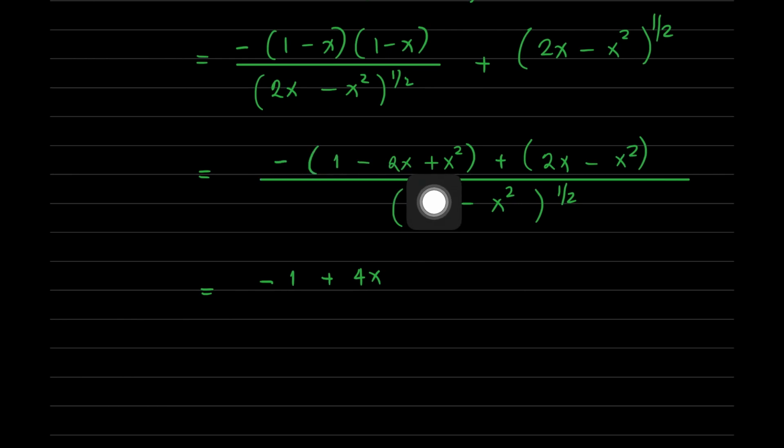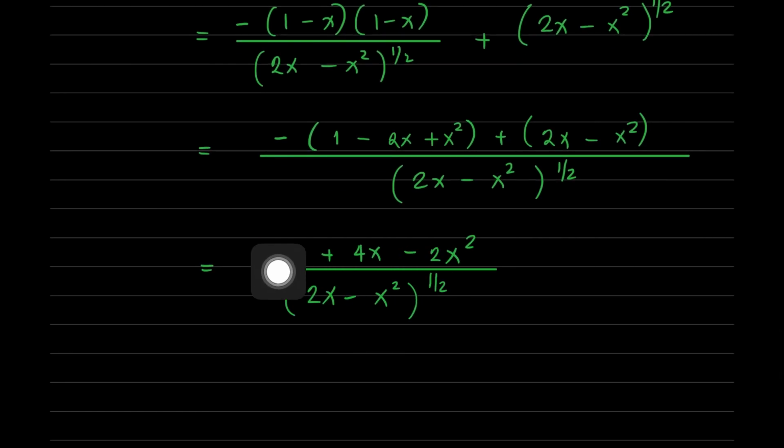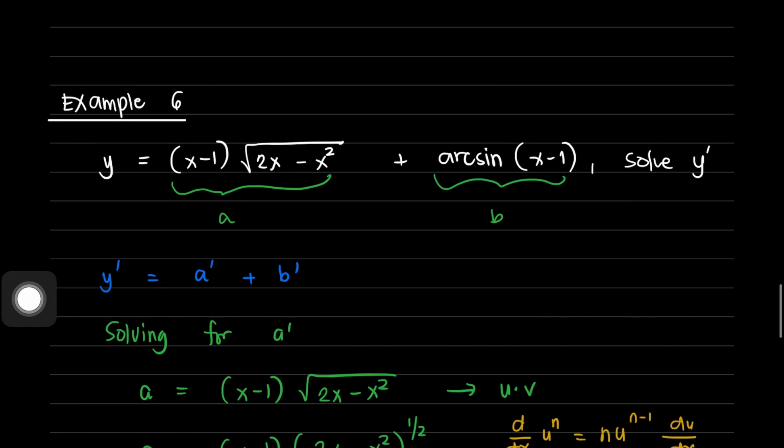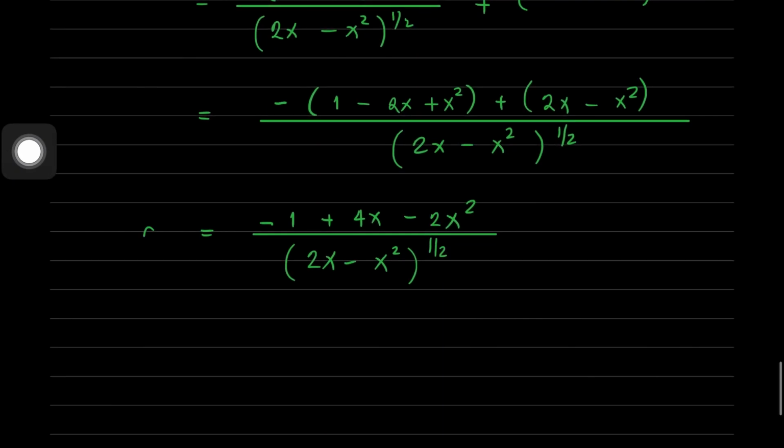And negative x squared plus negative x squared will give us negative 2x squared, all over 2x minus x squared raised to 1 half. Right? So this is only the derivative of this term, or that is a prime.